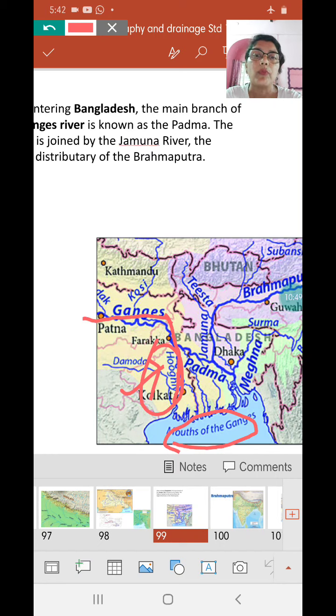Another distributary branches out from river Ganga, and now again it's not called river Ganga anymore, it's called Padma. So Padma is a branch or distributary of river Ganga, and then it flows into the Bay of Bengal from Bangladesh.